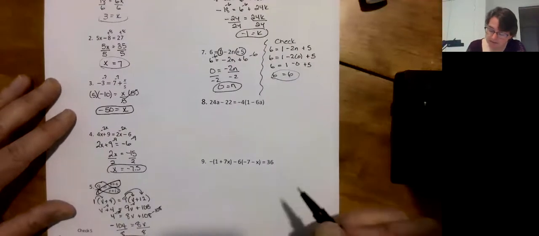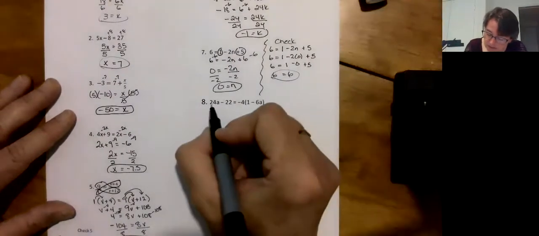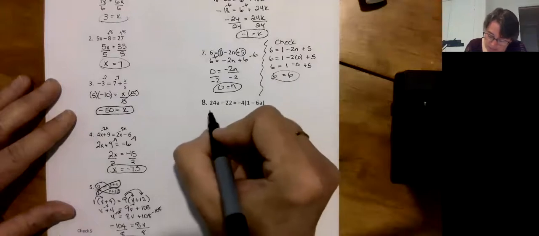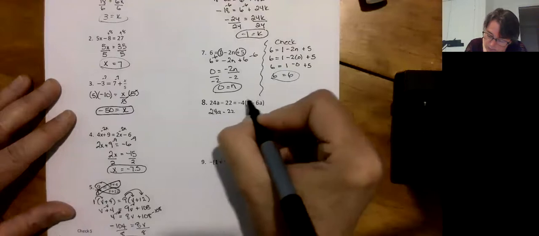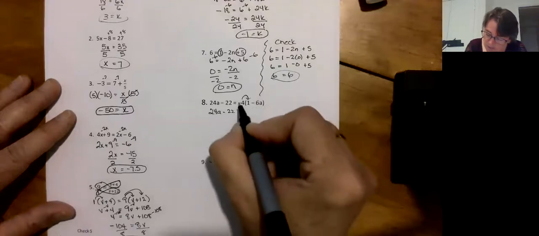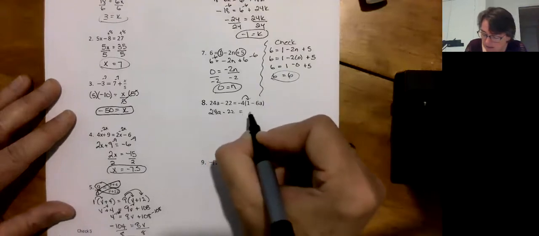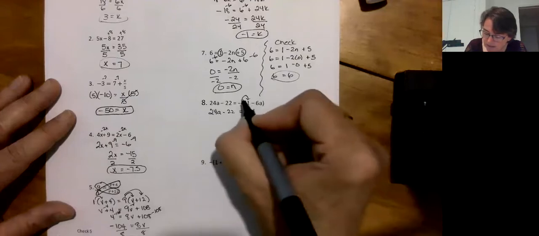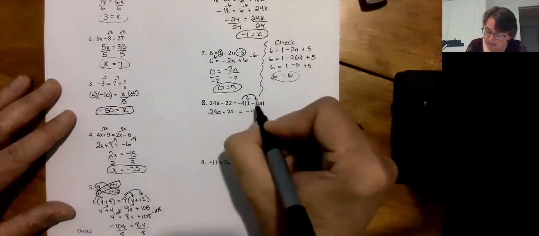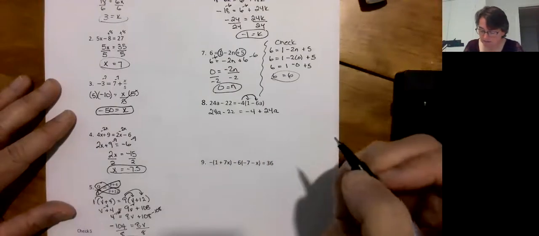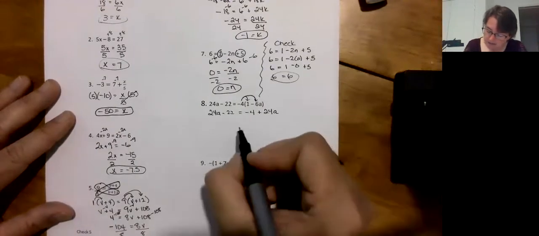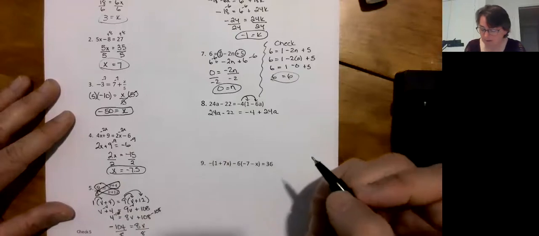All right, let's keep going. Those are not like terms, so I can't put them together, so just copy them down. But we can distribute minus 4 times 1 minus 4. And careful here, minus 4 times minus 6x, we need plus 24a. Okay.